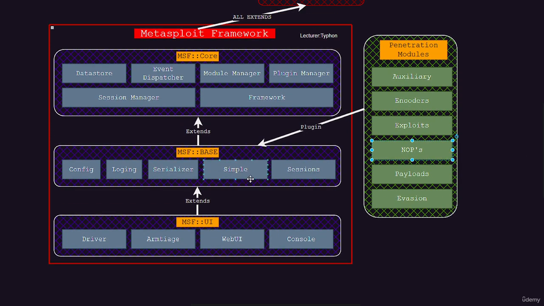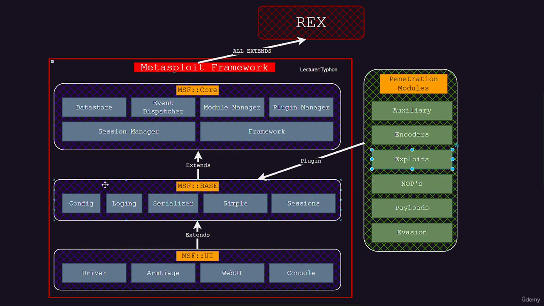And we also have exploits here. The exploits are the heart of Metasploit. Exploit modules contain the actual code that leverages vulnerabilities in target systems, and they are the critical pieces of the puzzle that make Metasploit so powerful.